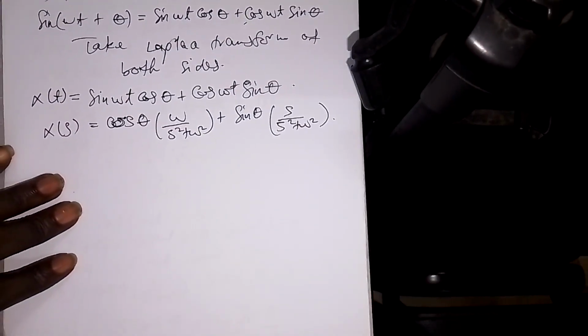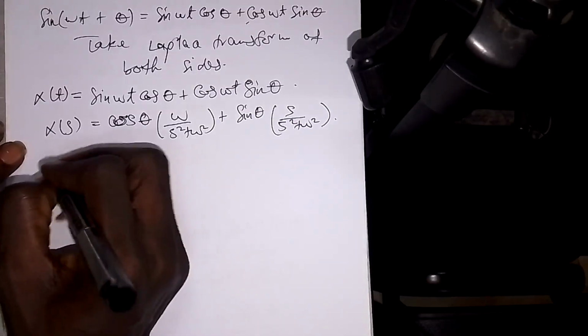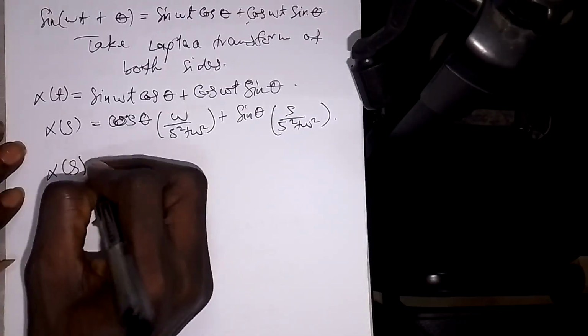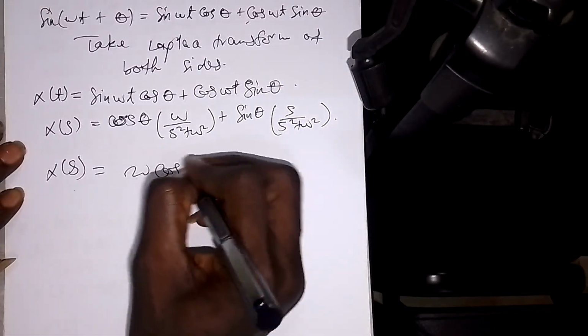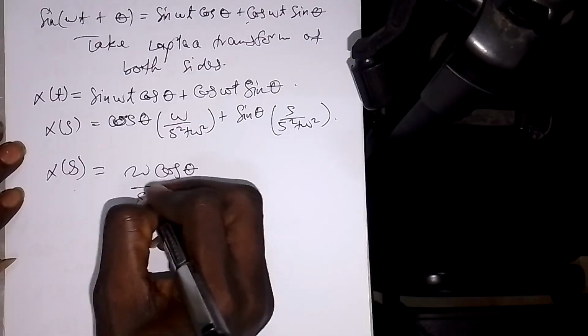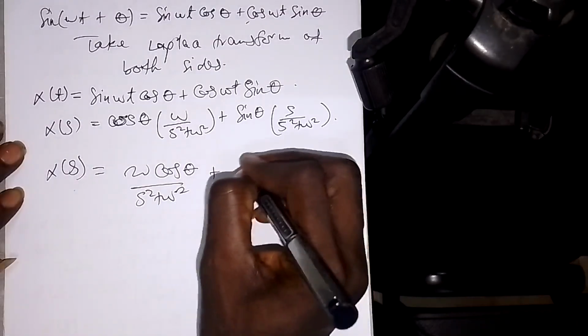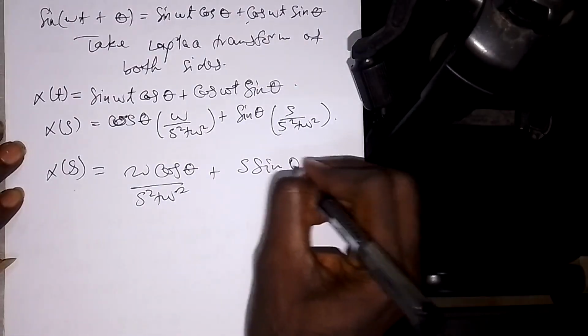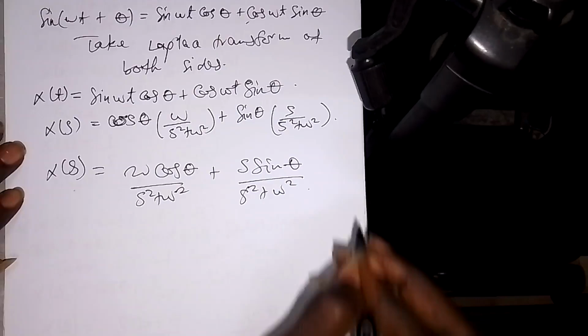So now, x of s is equal to omega cos theta over s squared plus omega squared, plus s sine theta over s squared plus omega squared.